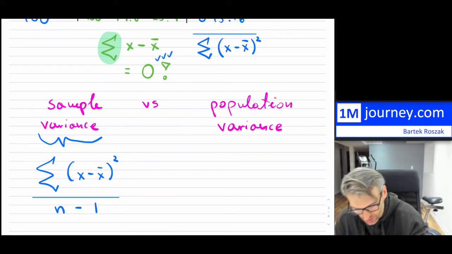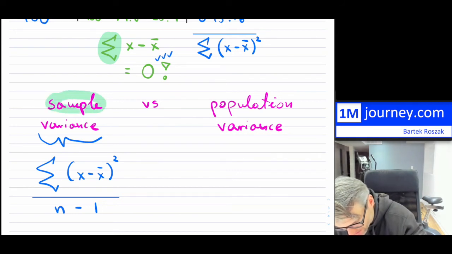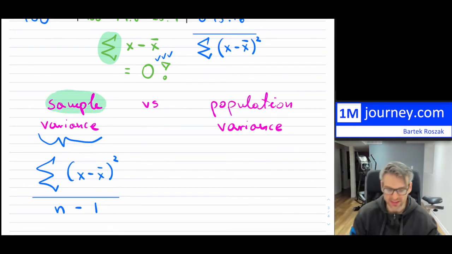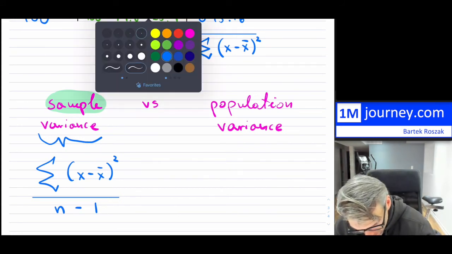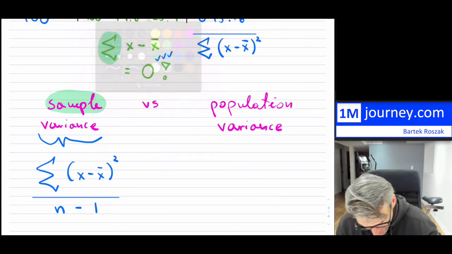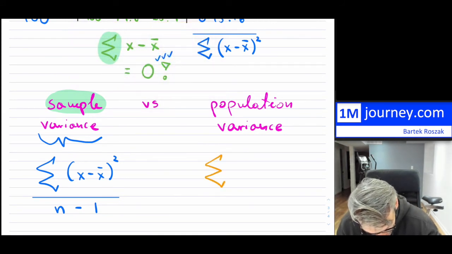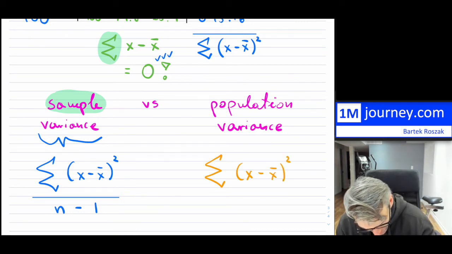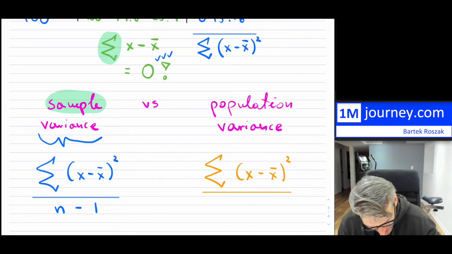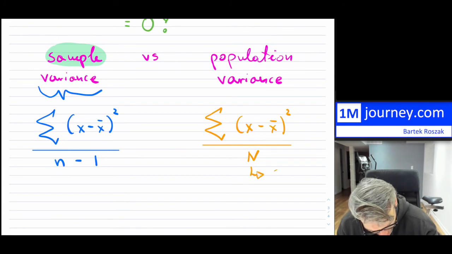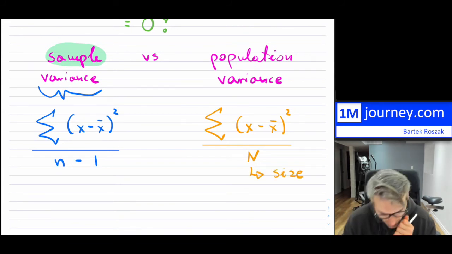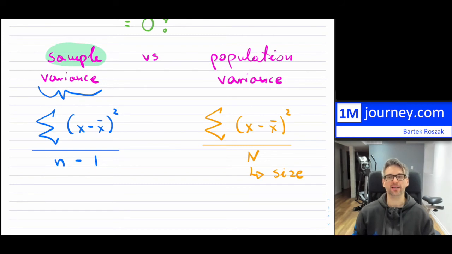If you have the entire population, then we take still the same thing, the variance for each individual data point, but now we divide by the entire population size. We typically write the population size with a capital N instead of a small n, but to be honest, it doesn't matter.